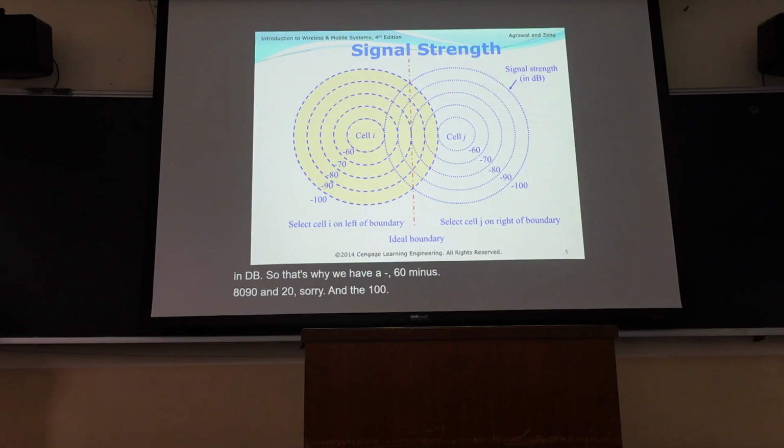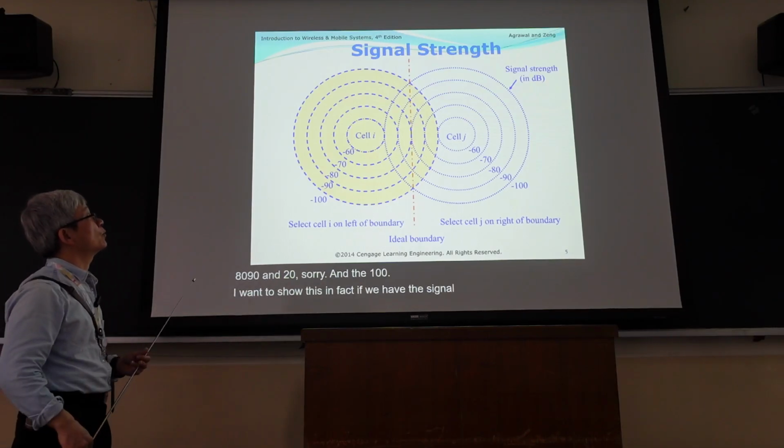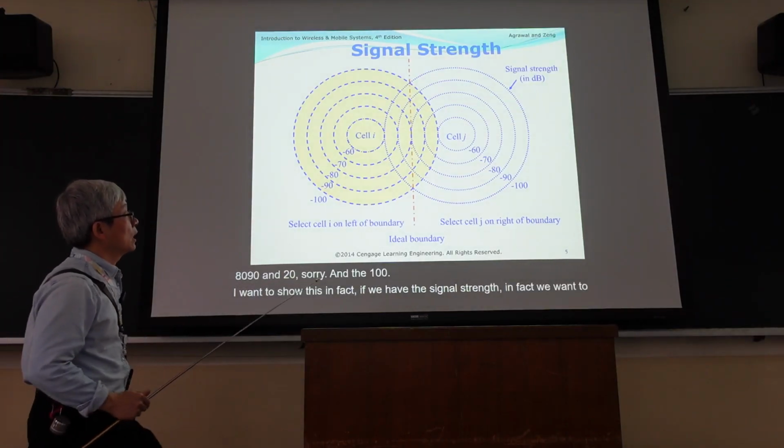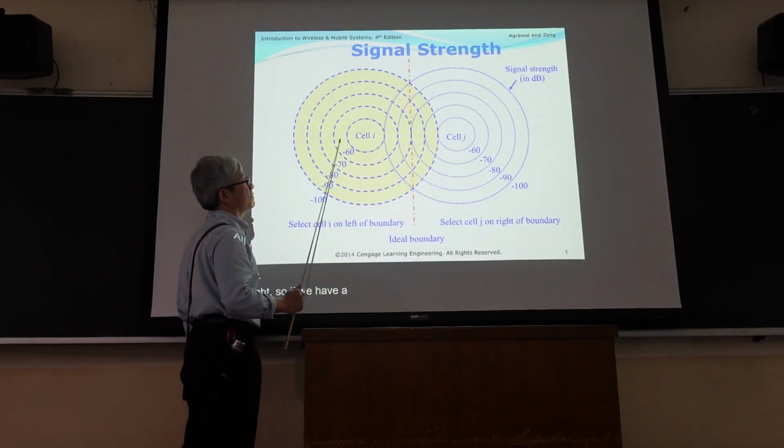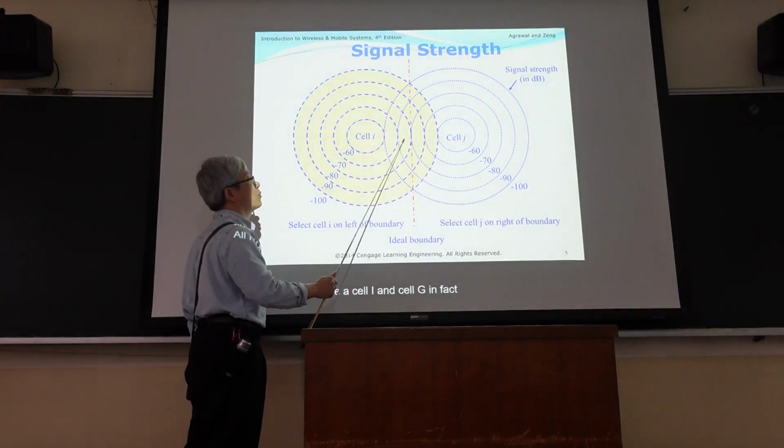What I want to show is if we have the signal strength, in fact, we want to know. If we have cell I and cell J, the mobile station will move.